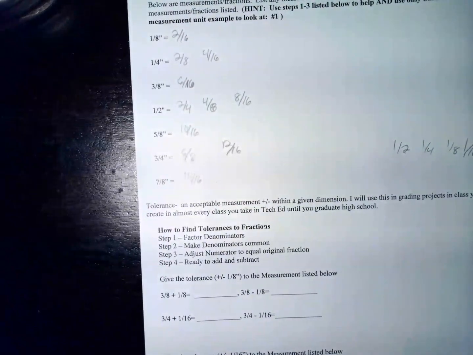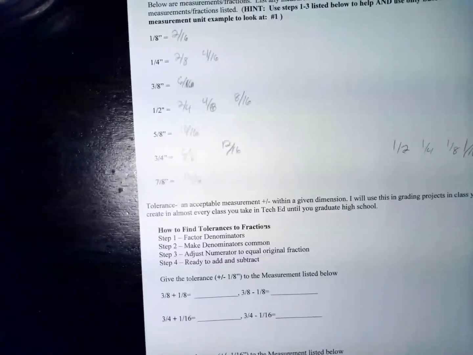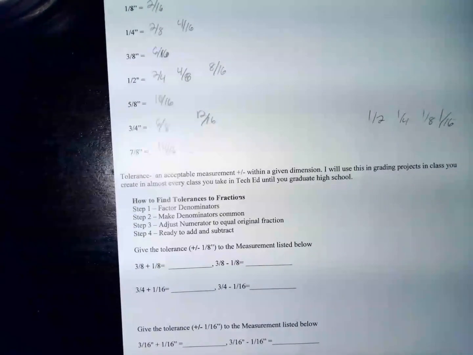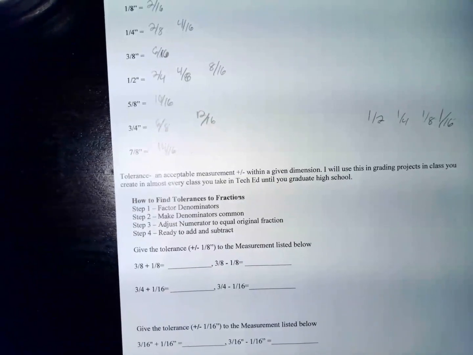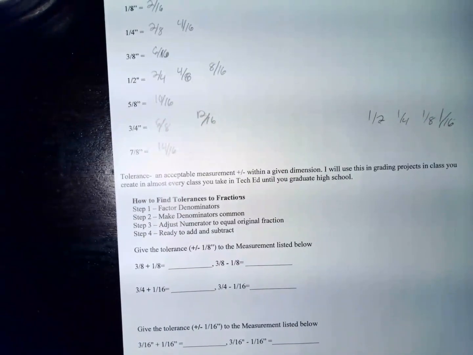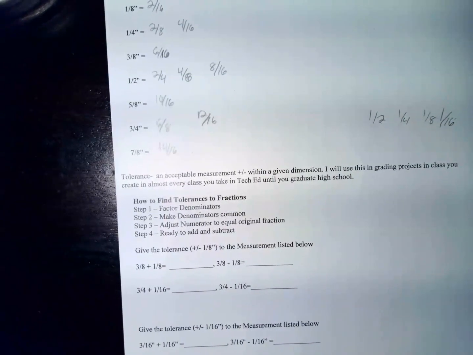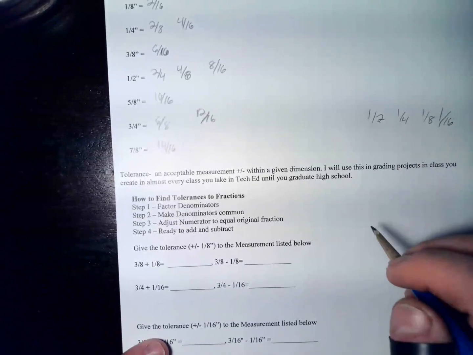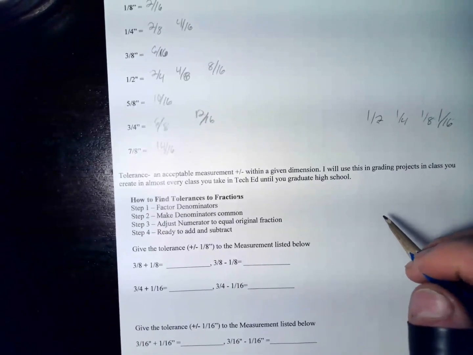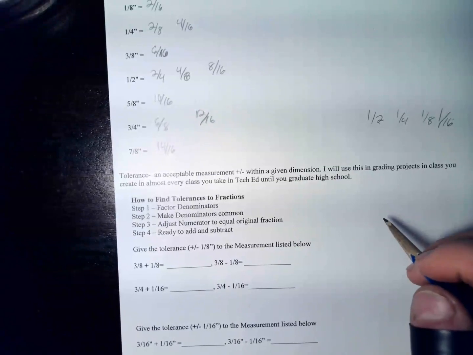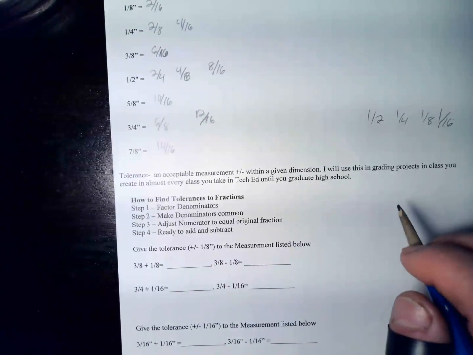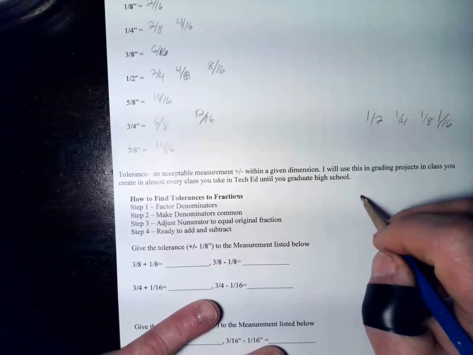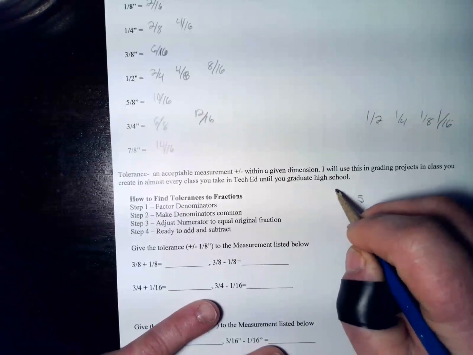Okay. So 8th graders, when you get done with your projects, I have you do a self-evaluation. And in order to do that, you have to know what tolerances are. Let's say you have a project that requires a board to be 5.5 inches long.